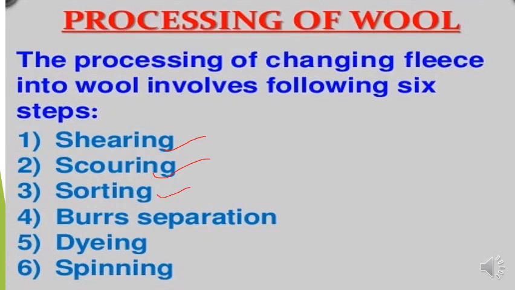Fourth one is separation of burrs, removing burrs from the fleece. Next is dyeing. Dyeing means adding color to the fiber. The last one is spinning into yarns. These are the 6 steps which are involved in the processing of wool. Let us discuss each step one by one in detail.